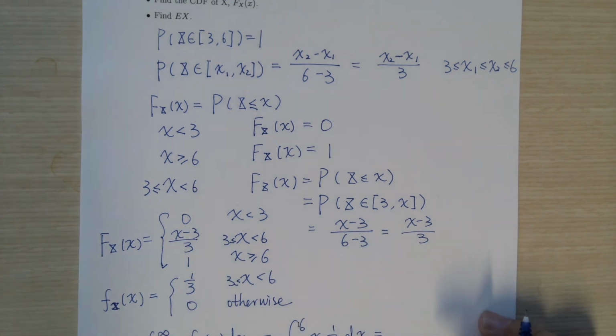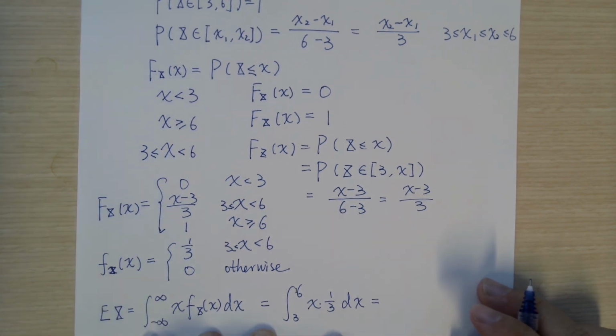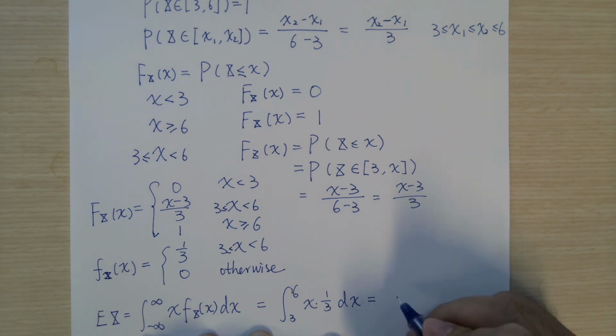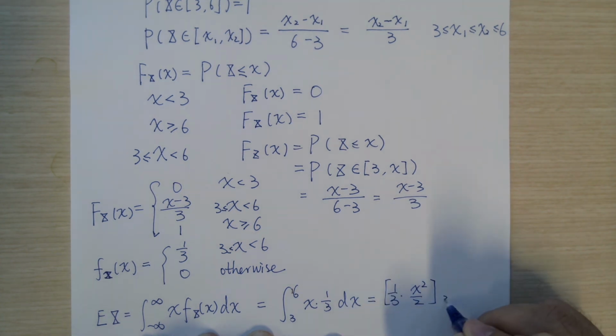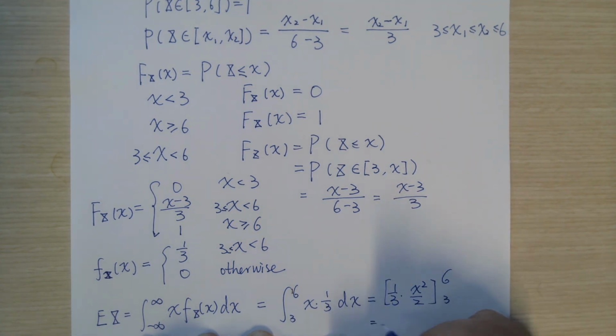That part should be very straightforward, right? It's going to be 1 over 3 times x squared over 2 evaluated from 3 to 6.